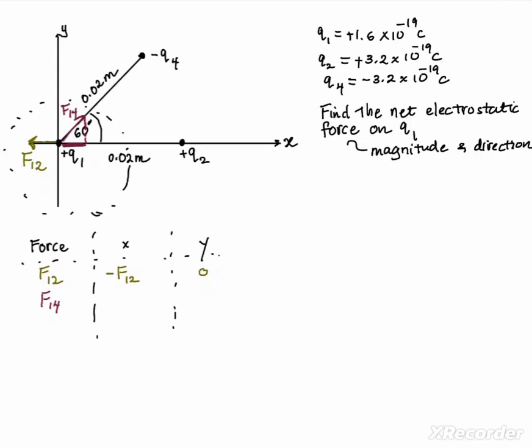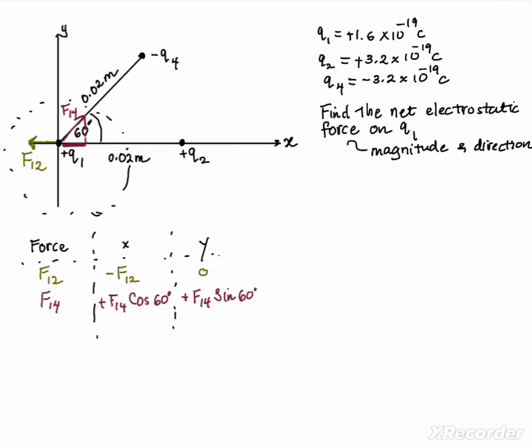So that is going to be positive F14 times cosine of 60 degrees. And then for the y component, it is opposite over hypotenuse, so it is going to be sine. And again, this is positive because both x and y components are positive here. So F14 sine of 60 degrees.